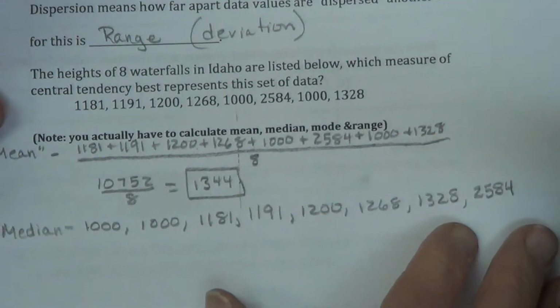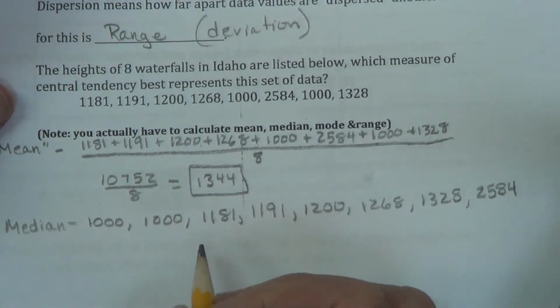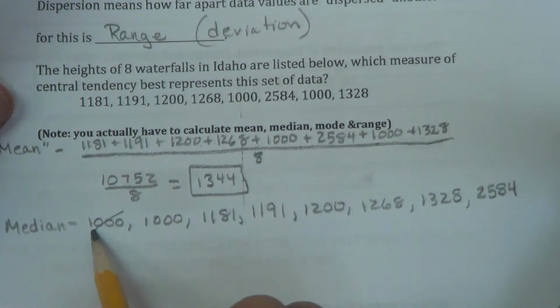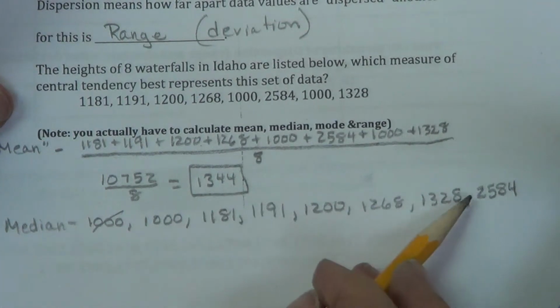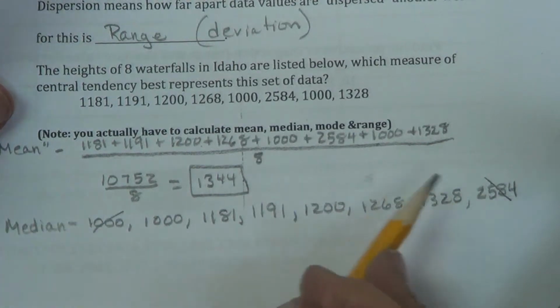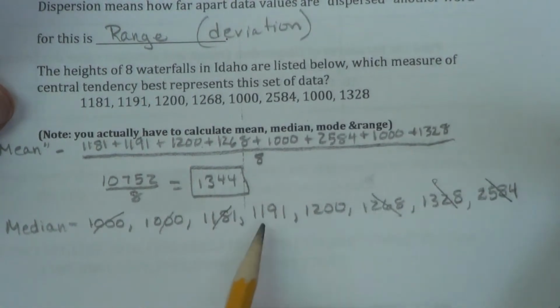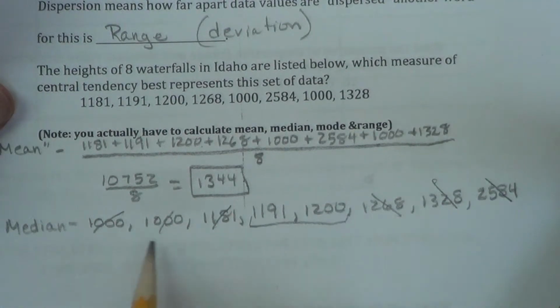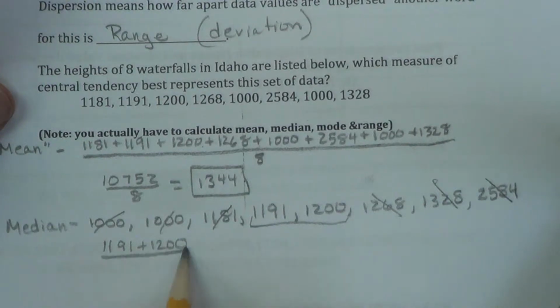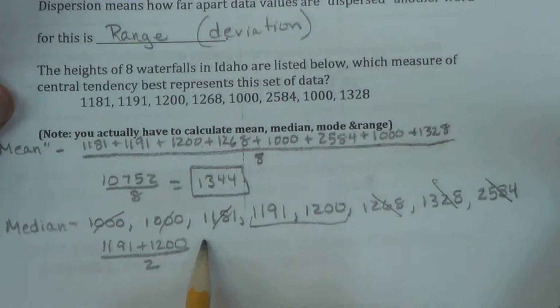And then what you need to do is just tick them off to the center. So we have one there, one there. One there, one there. We're just narrowing it to the center. Notice how we end up with 2 in the center. Add those two together and divide by 2, and that'll show you what's halfway between them.